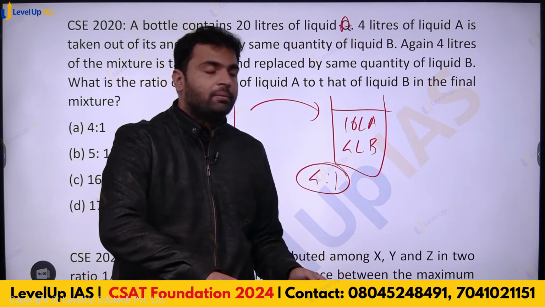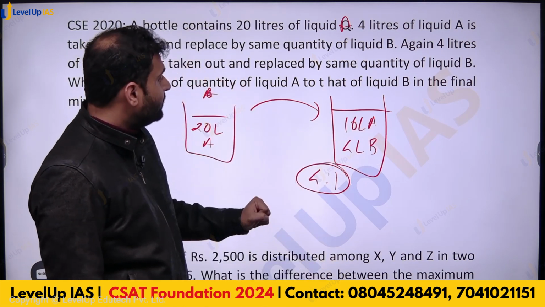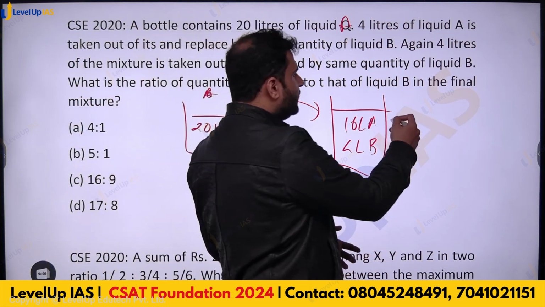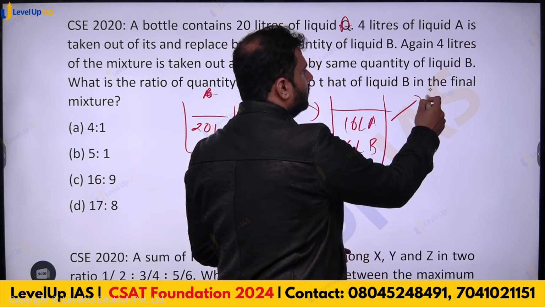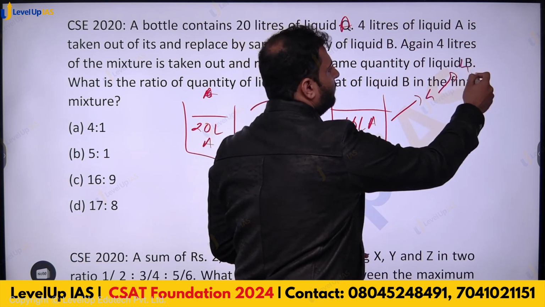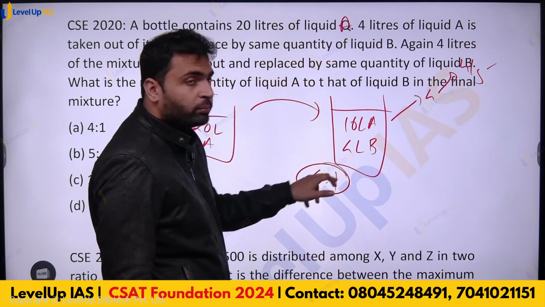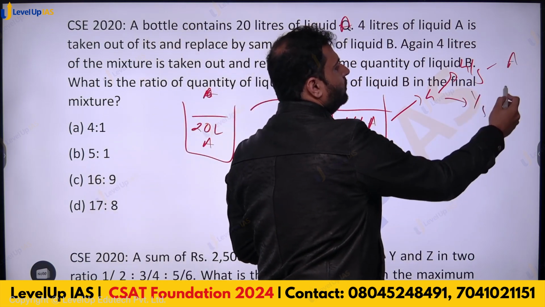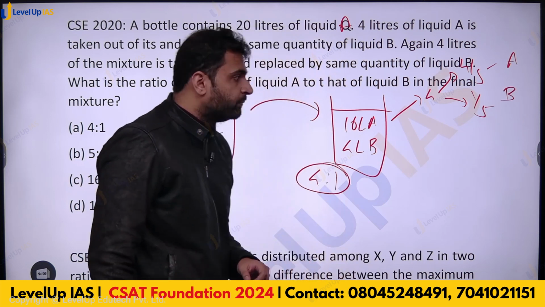We mix it well. So of the 4 liters that is being taken out, we have 4 by 5 of A, where 5 is 4 plus 1, and 1 by 5 of B going out.